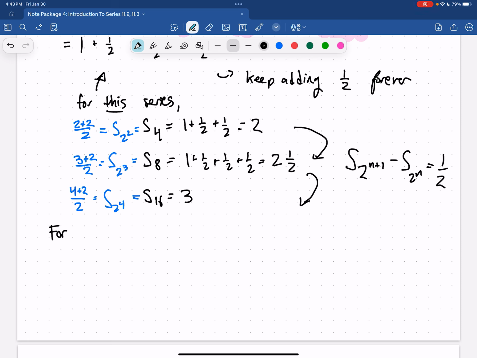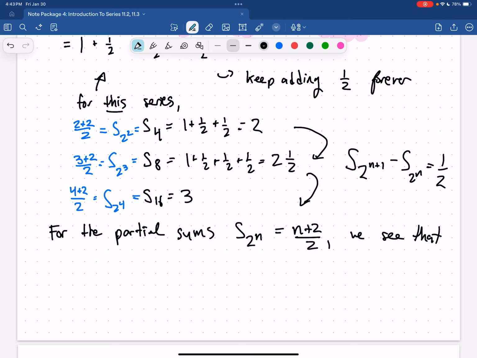So for the partial sums that are like the 2nth partial sums, we see that the limit as n goes to infinity for those partial sum terms would be the limit as n goes to infinity of n plus 2 over 2, so infinity.